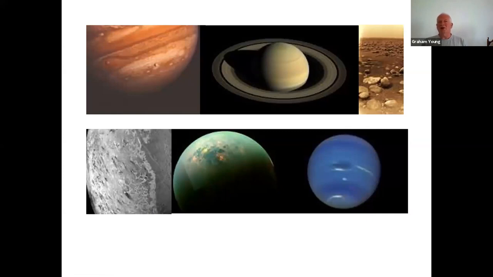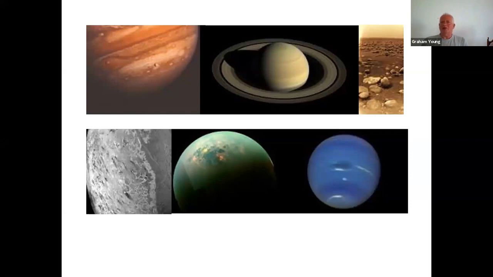up our view of the outer solar system, the four giant planets, as Voyager 1 flew past Jupiter and then Saturn, and Voyager 2 flew past not only Jupiter and Saturn, but went on to Uranus and on to Neptune. Uranus and Neptune before 1985 were just little blobs in the telescope.